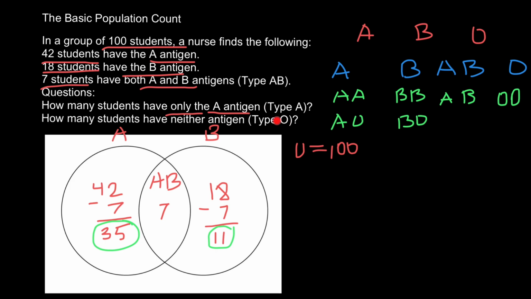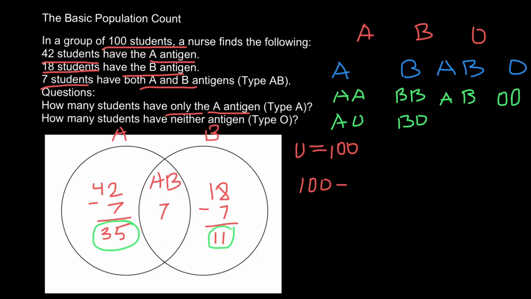And as for the second question, the total number of students is 100. So 100, we have to subtract the number of students we have found in each sector and cross-section.